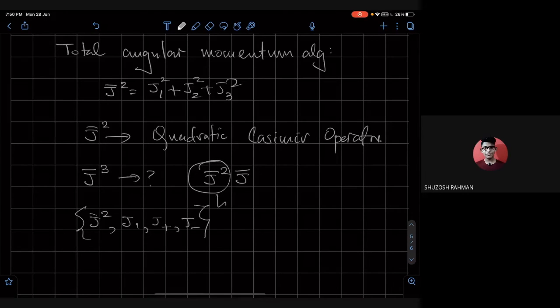And the fact is, on this space, this is actually proportional to the identity operator. That is the reason. So if you multiply it by, say, another J, you get something proportional to these guys. You don't get a new operator.